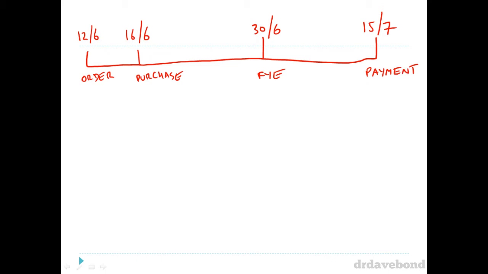What we're interested in from an accounting point of view is when this company would actually record the inventory coming on their books, because that's the point at which you would have a transaction. On the 12th of June, the order gets put in, but they haven't taken delivery of the goods yet, and title hasn't passed, so you wouldn't actually do anything. We're not worried about anything taking place here.